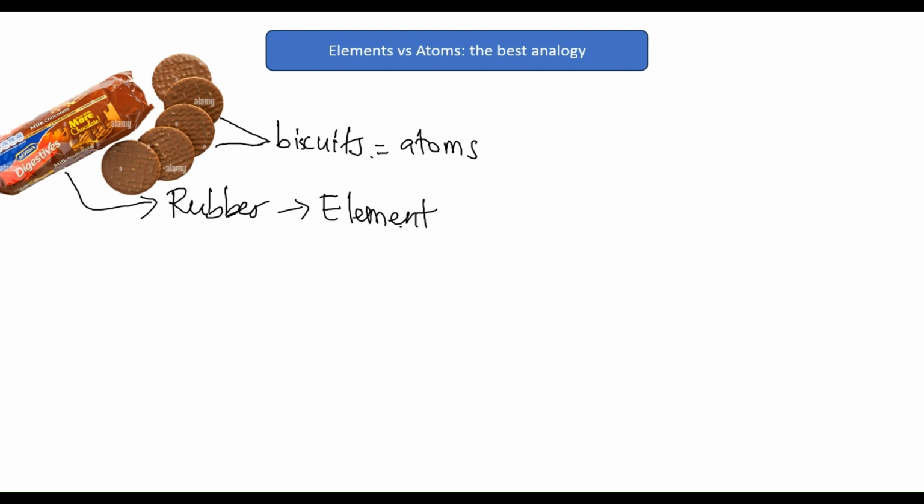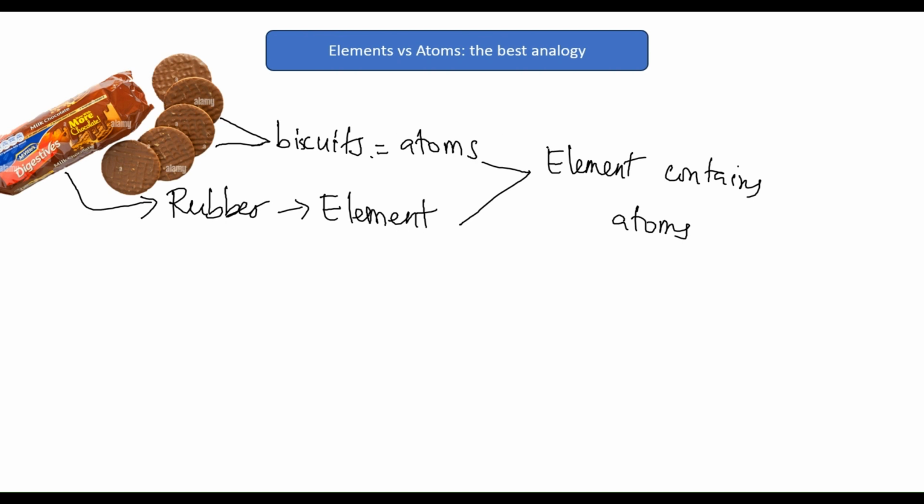So basically, you can see that an element contains atoms, just like how the biscuit rubber contains the various individual biscuits. So element contains atoms.